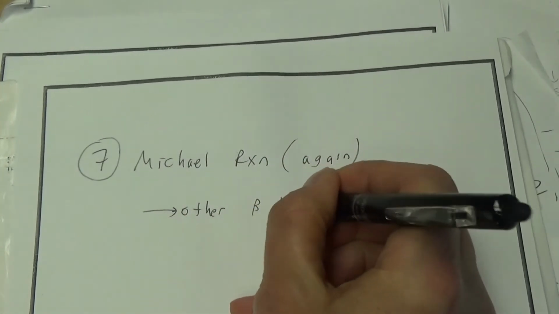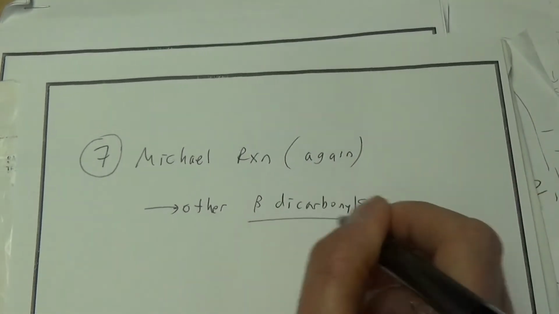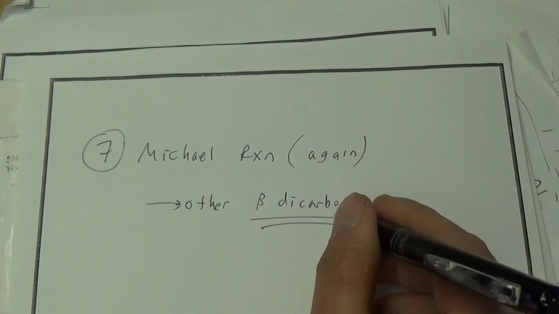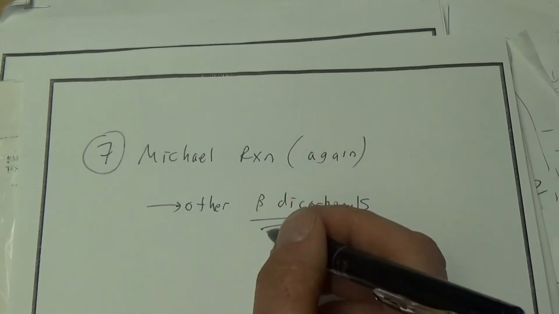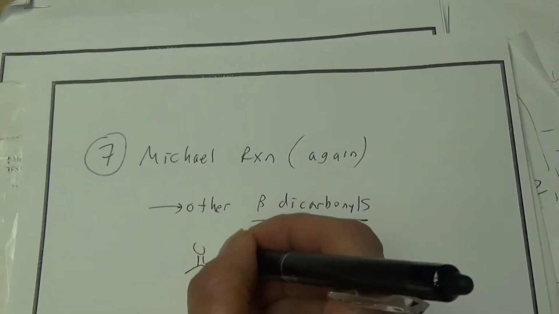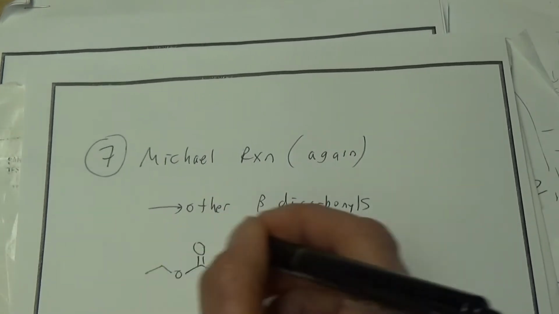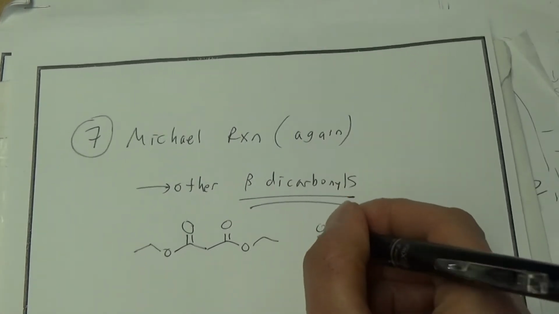So this is a great way to attach almost any beta dicarbonyl to a Michael acceptor. So we'll just show a couple of them. We just showed diethyl malonate. That was good. We can also use ethyl acetoacetate.